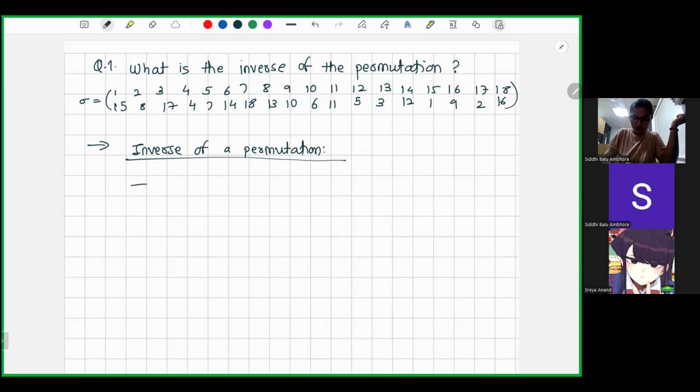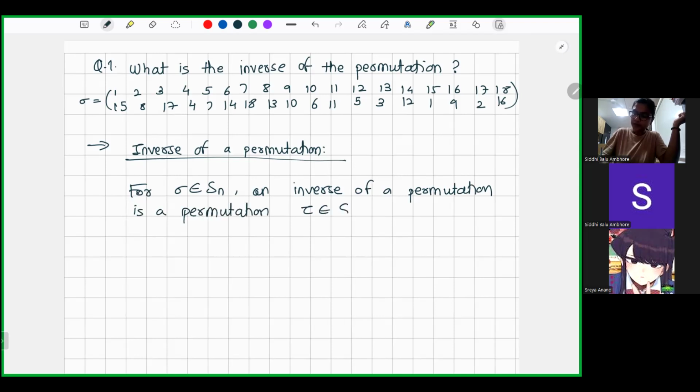For sigma belonging to Sn, the inverse of a permutation is a permutation tau in Sn such that sigma compose tau is equal to the identity permutation. This is the identity permutation. That is, everything is mapped to itself.